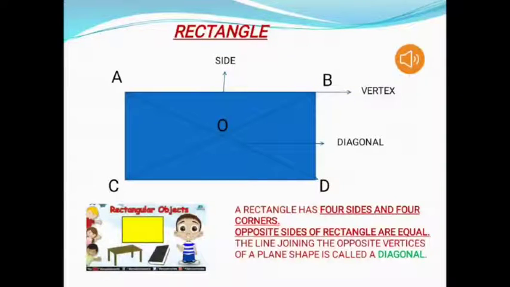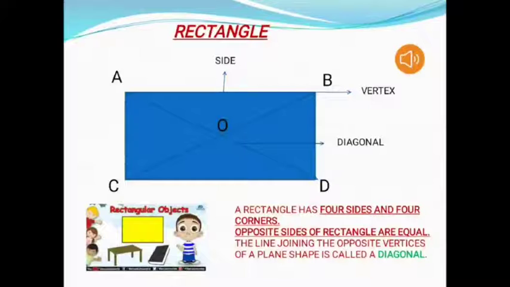So here is the rectangle ABCD, which has the 4 sides AB, BD, CD and AC, and has the 4 corners A, B, C and D, and has the diagonals, that is AD and BC.